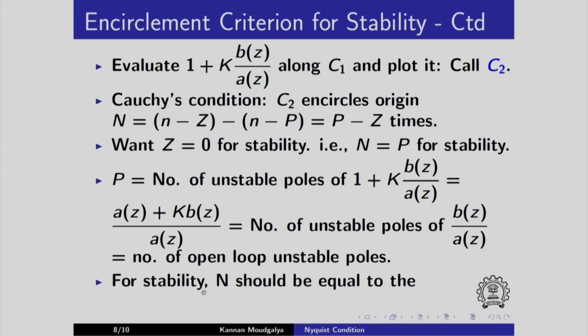And for stability, n should be equal to p or the number of open loop unstable poles. This is an important condition that we have derived using Nyquist plot.